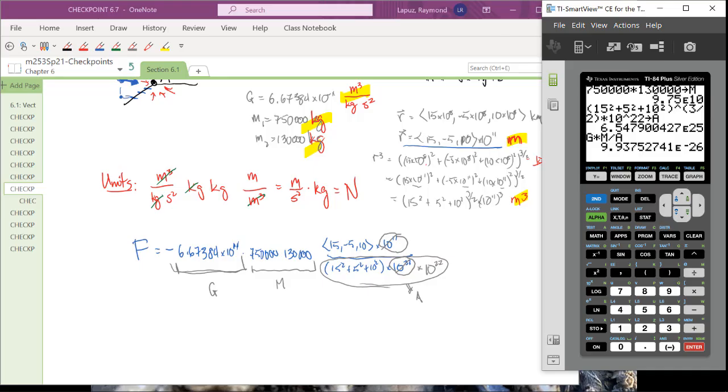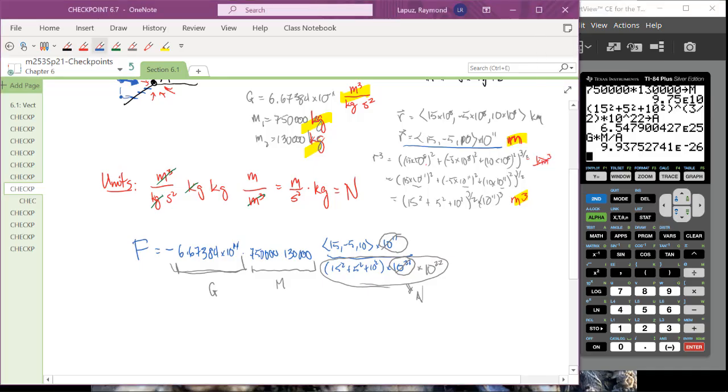Okay, so then our force looks like, I didn't put the negative sign, but let's throw that negative sign in front now. This is going to be negative 9.937527415 times 10 to the negative 26 power. And then we'll multiply that by the vector 15, -5, and 10.